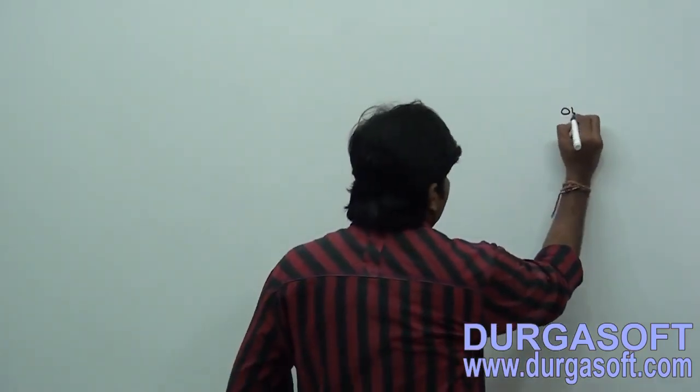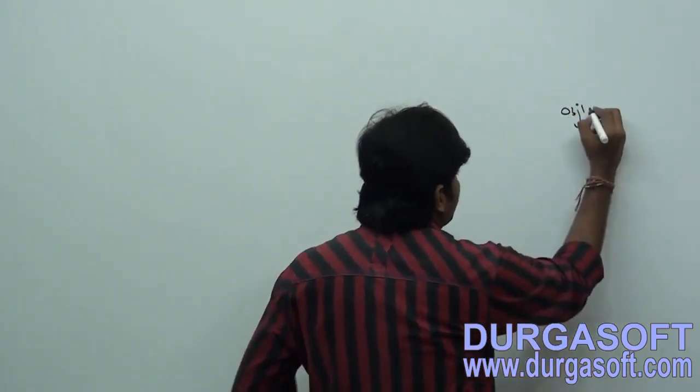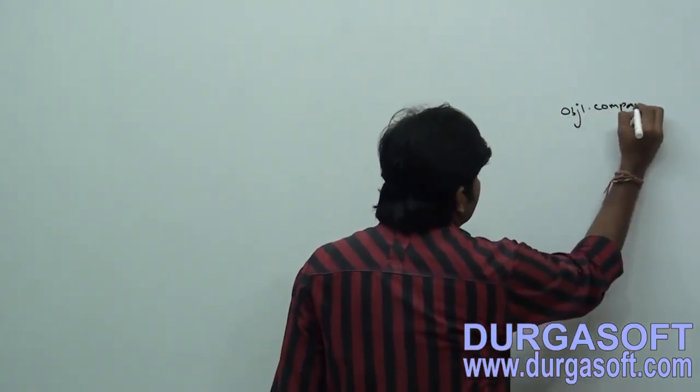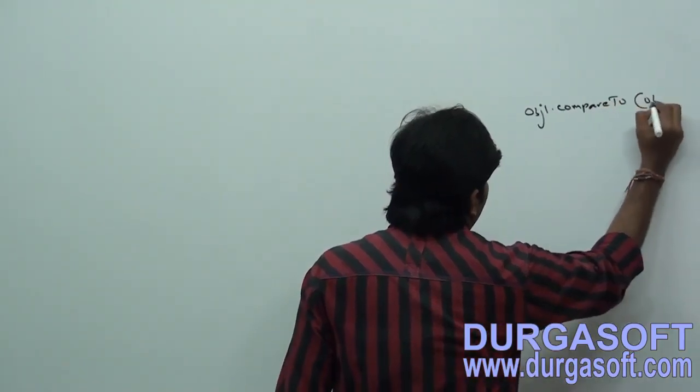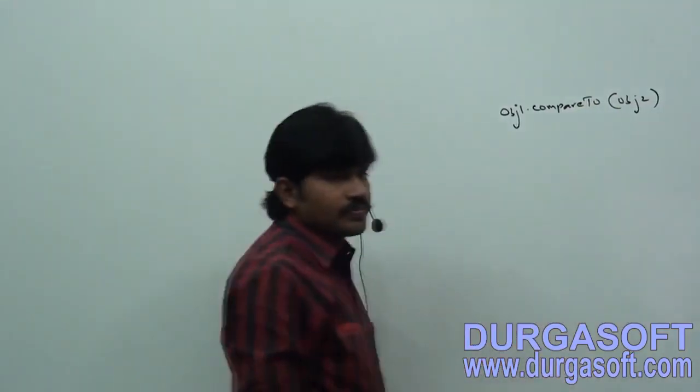Now the next one, take very special care. What is the complete syntax of the compareTo method? I have two objects: obj1.compareTo(obj2).